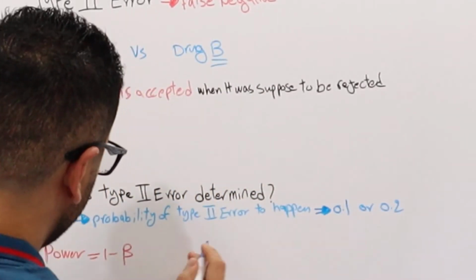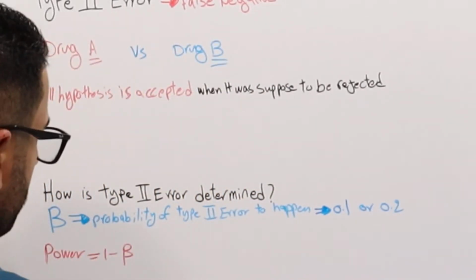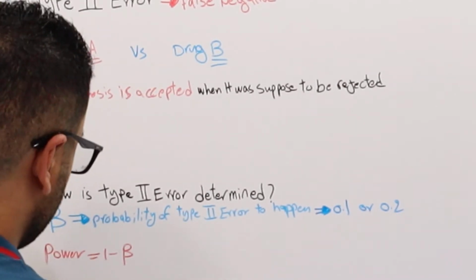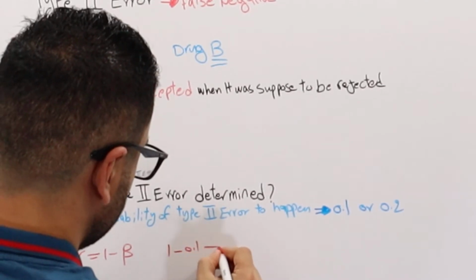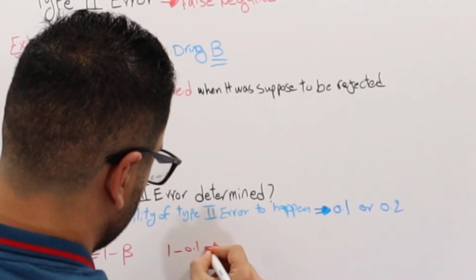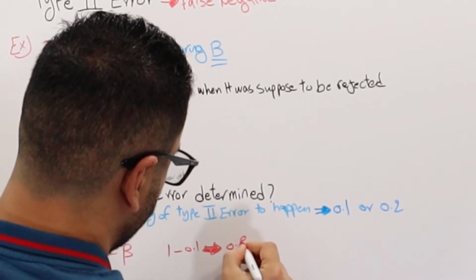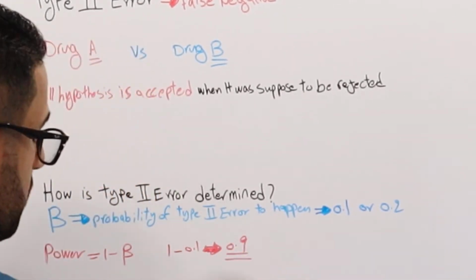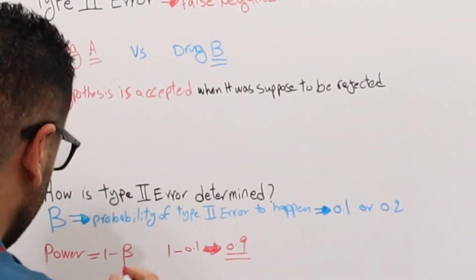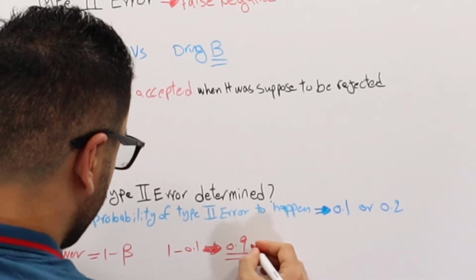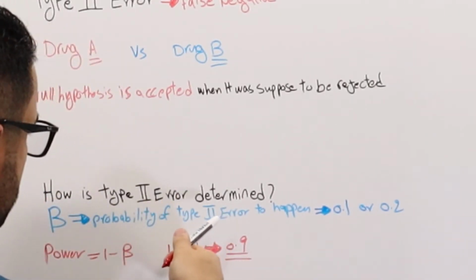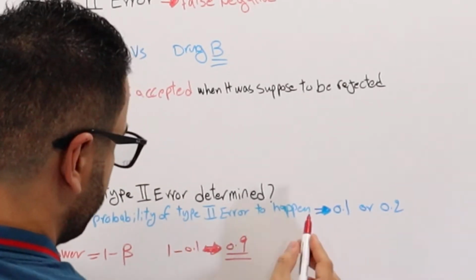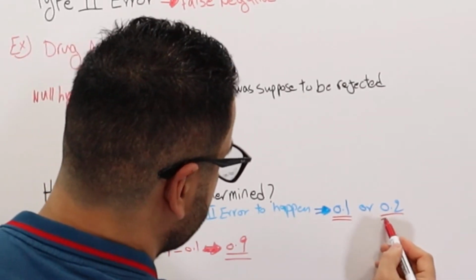If it's 0.1, then 1 minus 0.1 is 0.9. And this is the power, which means that the probability of type 2 error happening is 10%. And it would be 20% over here.